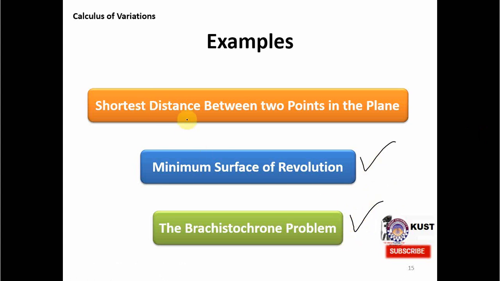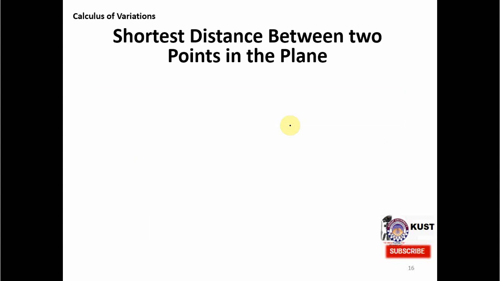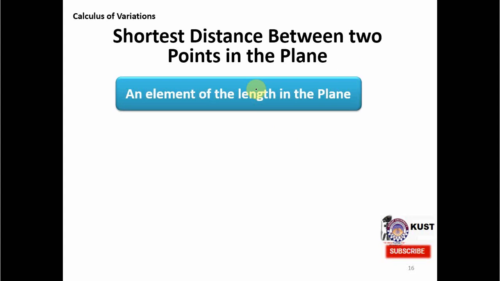Now for the first one, I explain how we can calculate the shortest distance between 2 points in the plane using the calculus of variation. This is our goal. So we define an element of length in the plane.